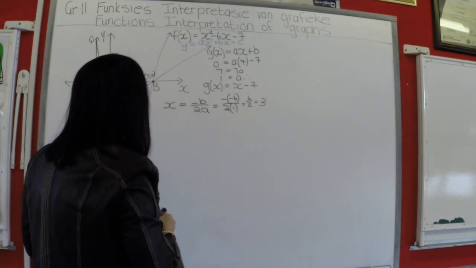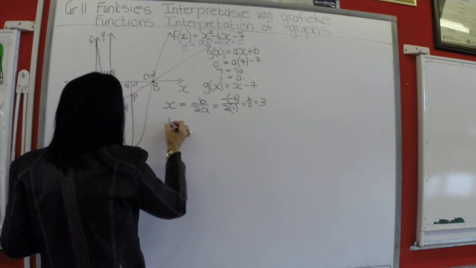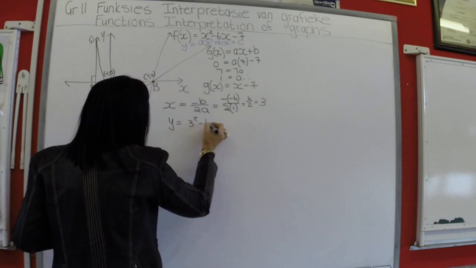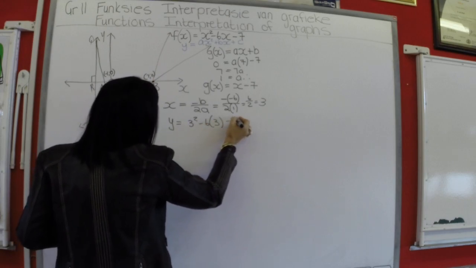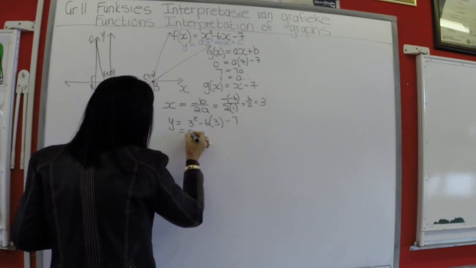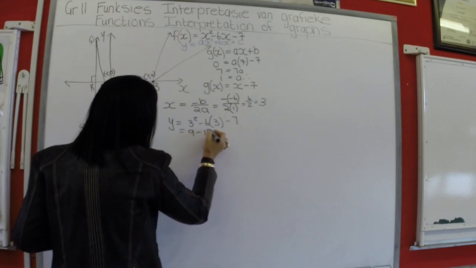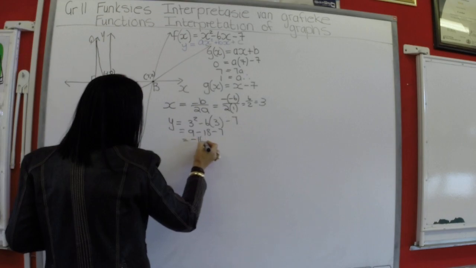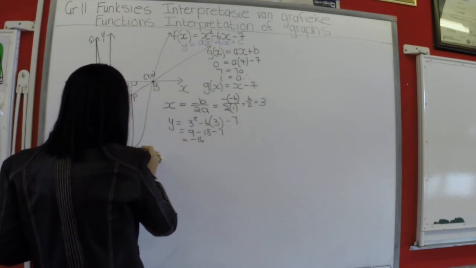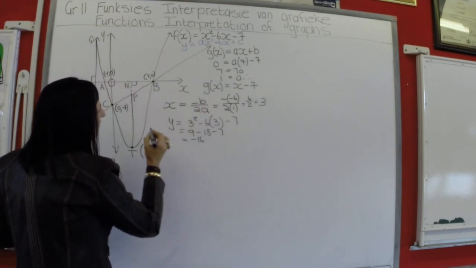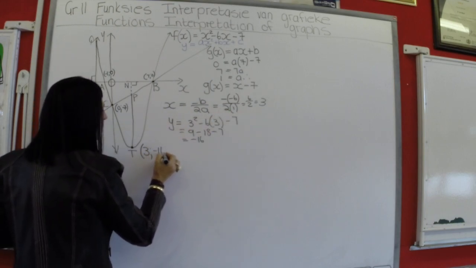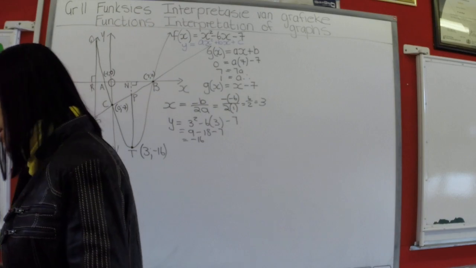That's our x value. Then we can do substitution to get our y value. So ons het 3 kwadraat minus 6 maal 3 minus 7 en dit is 9 minus 18 minus 7 en dit gee vir my minus 16. So ons draaipunt gaan dan wees (3; minus 16), the value of our turning point.